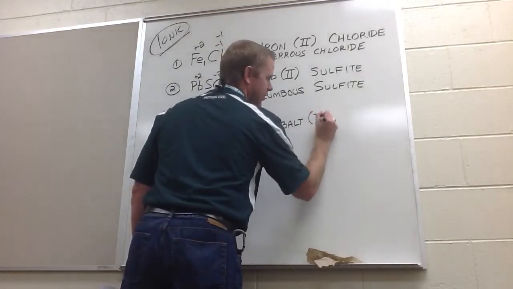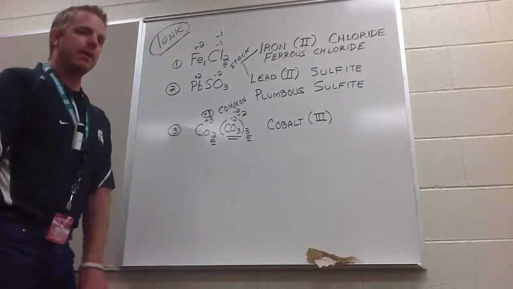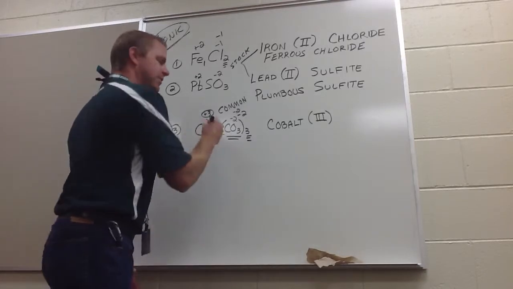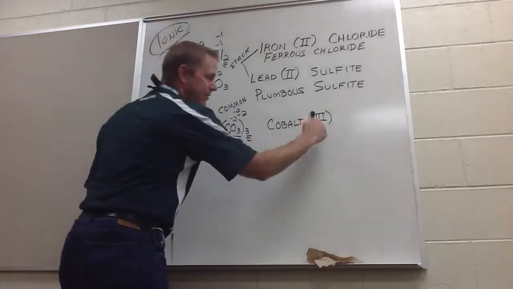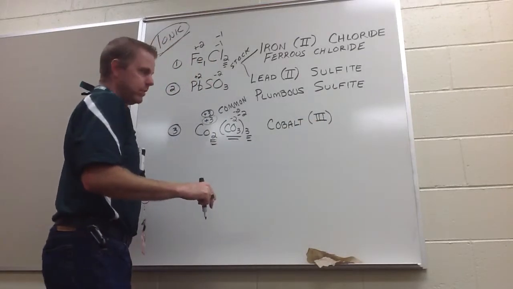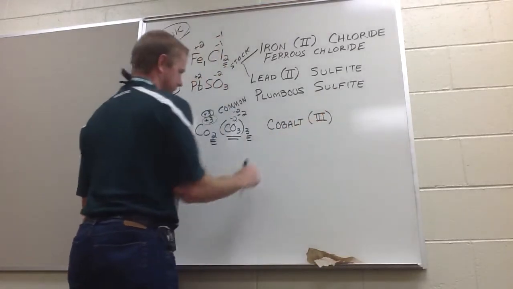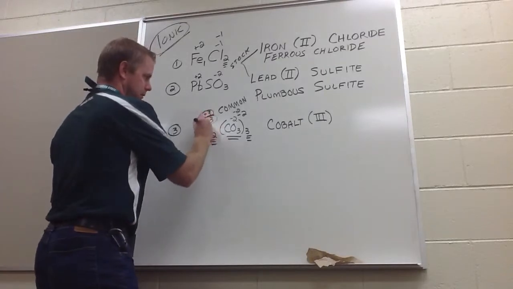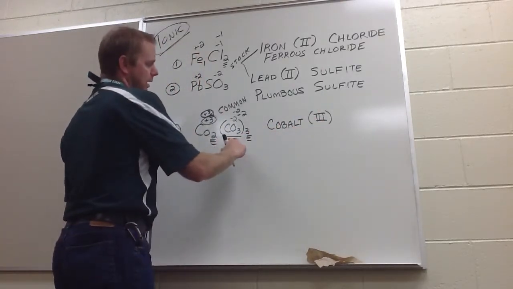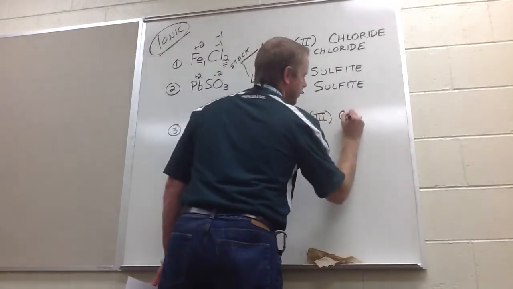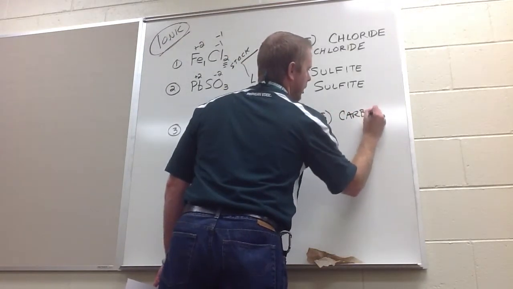Therefore, it's a 3 here. Boy, some of my students will want to put a +6. That's not true. There's 2 of the +3 version. So that's why it's cobalt 3. You put what each of them is. So plus 3 goes there. Again, CO3 is carbonate, so this is carbonate.